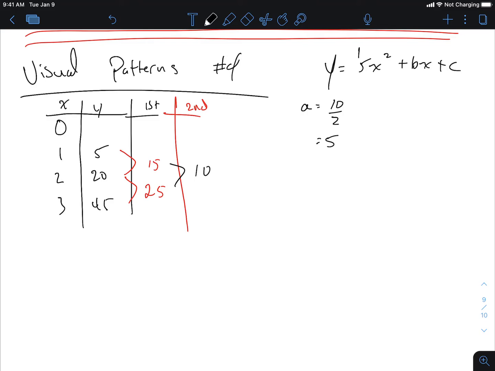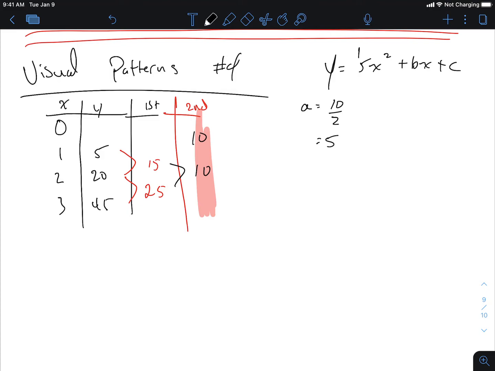Now the next piece that we're trying to figure out, what you can do from the table, and why we promote the table. If I were to work backwards from the second difference, I've told you this is a quadratic relation, so you're believing the fact that all the second differences are going to be 10. So I can write it again here.